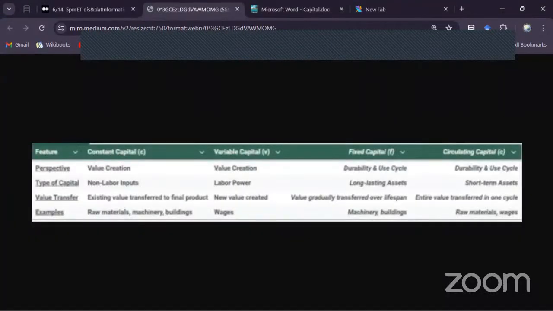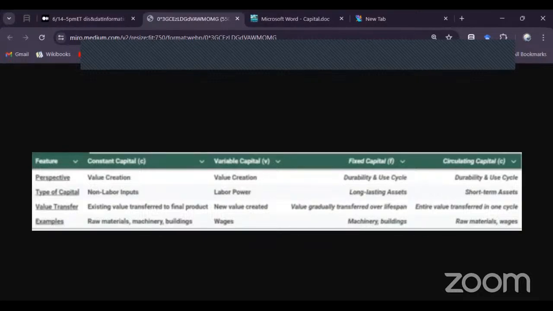So we have sort of four features, and we're distinguishing between kind of value creation in the sort of smaller scale context. And I use that, sort of, contingently. We're looking in the constant capital and variable capital sense, the column 2 and column 3 here. We're looking at it from a certain kind of perspective, and it's generally smaller scale than the right hand columns 3 and 4, that is fixed capital and circulating capital.